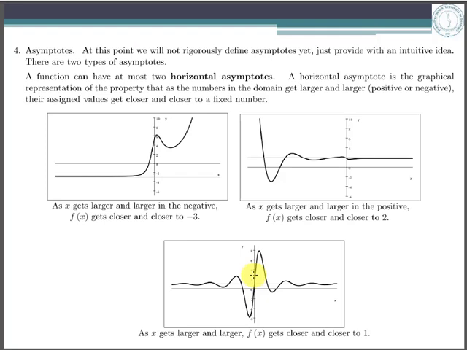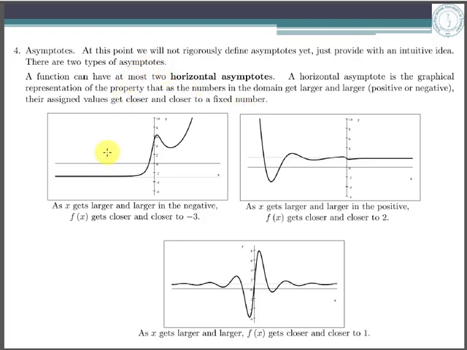And the next step is finding asymptotes, which we considered today. We need to find all asymptotes if they exist: horizontal asymptote, vertical asymptote, and oblique asymptote.